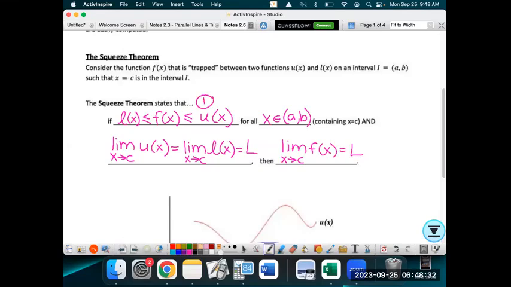Is our function trapped between two functions? And do the limits of the upper and lower function equal the same thing? If we can meet those two criteria, then we can state our conclusion using the squeeze theorem.